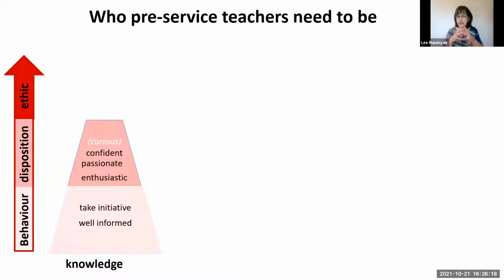And these clustered into dispositions, being confident in the classroom, being passionate and being enthusiastic. Now, it was implied that that comes from a confidence in your content knowledge, but it wasn't always directly said. Sometimes it was implicitly said, and sometimes it's very explicitly said.